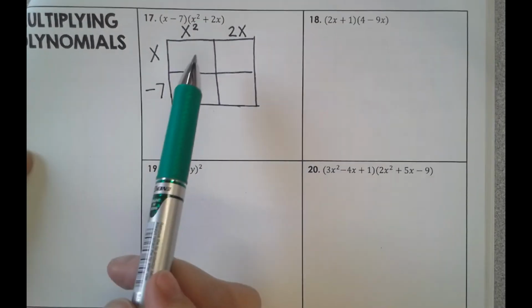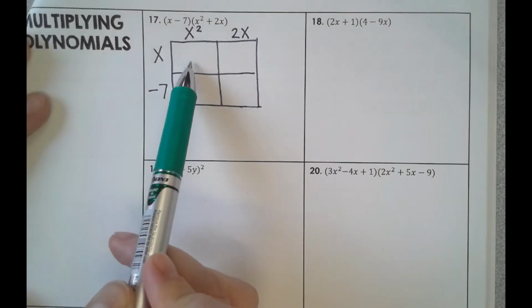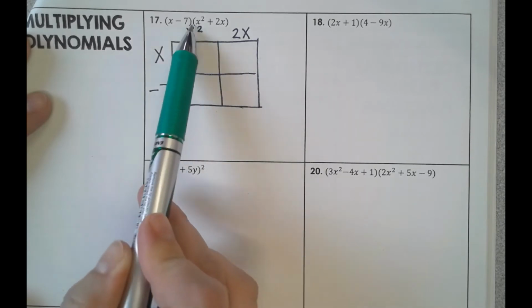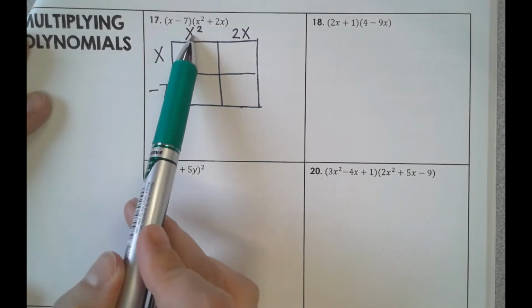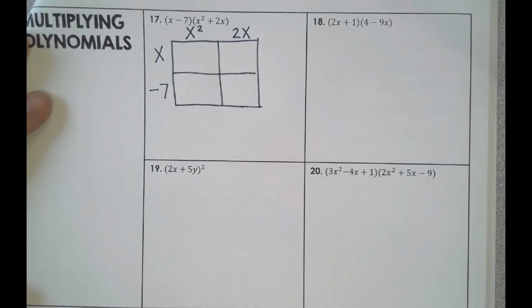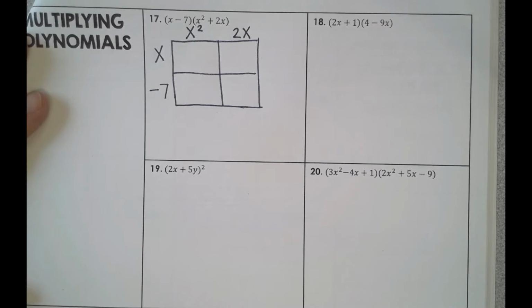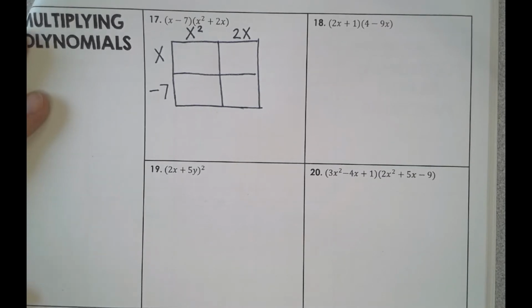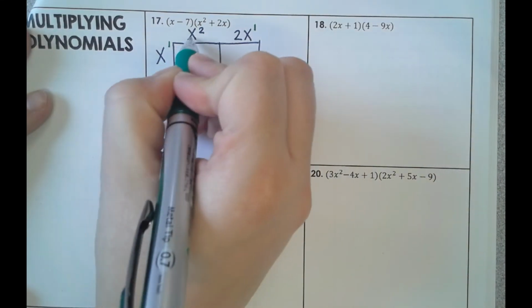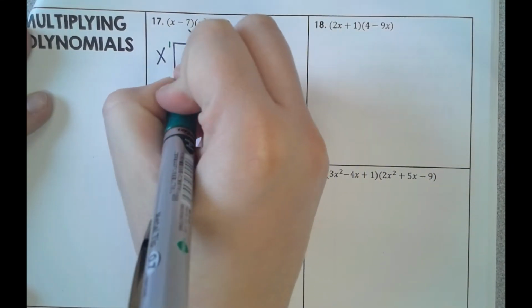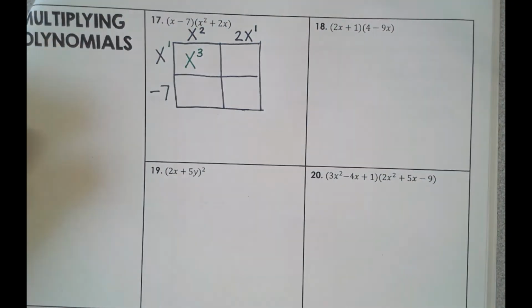So in this first box, I'm going to multiply x by x squared. So you multiply what's to the left and what's up top. So if you remember your exponent rules, when you multiply variables, you add the exponents. So this is really like x to the first. So when I multiply these two, I get x cubed because 1 plus 2 is 3.